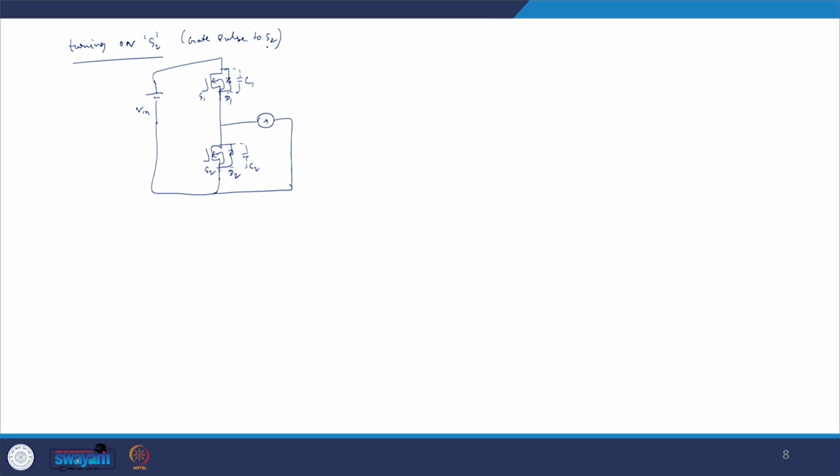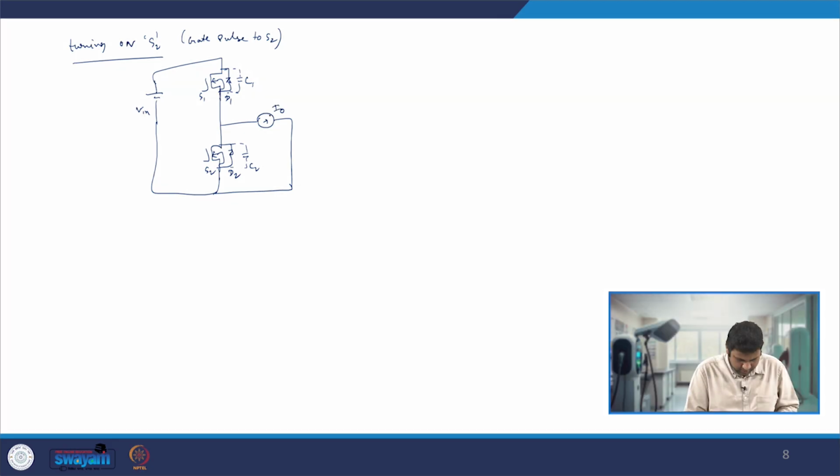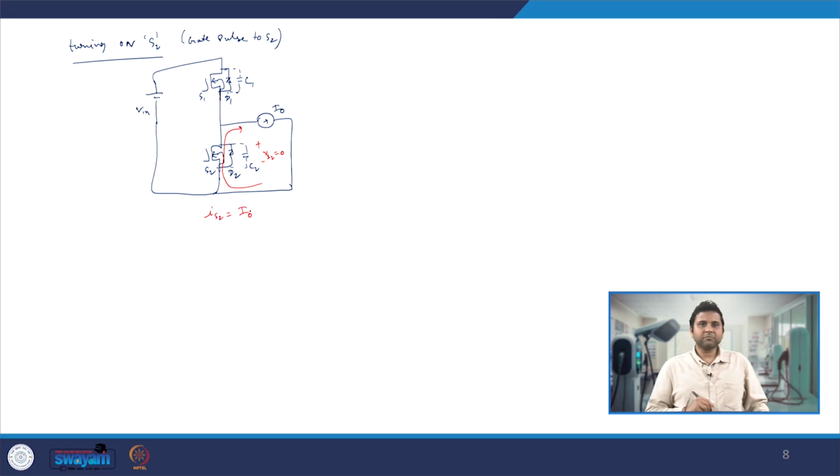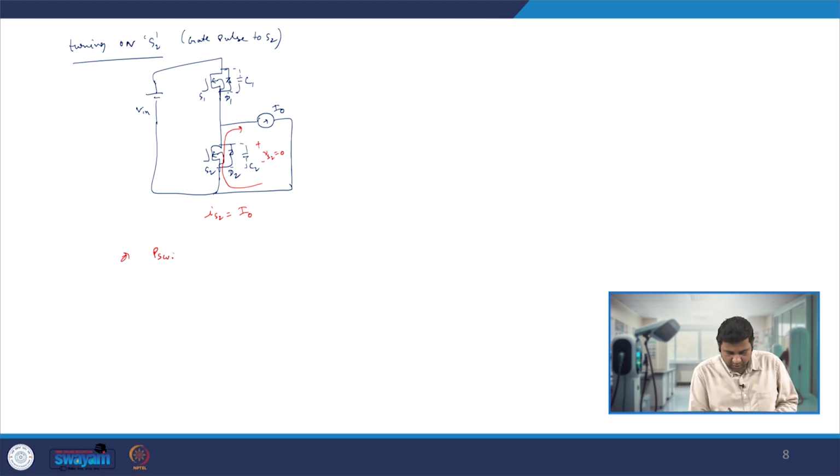During that time, if this is my I naught, the current will now start flowing through the S2 switch. However, the voltage across it, VS2, was already equal to 0, and this current IS2 is equal to I naught. So we get P switch-on equal to 0.